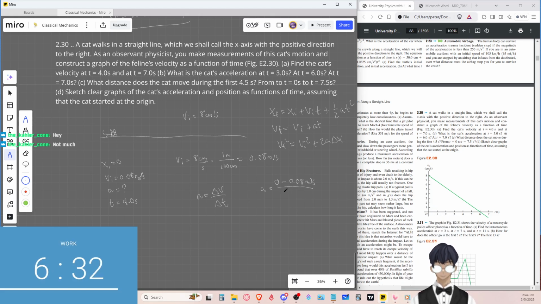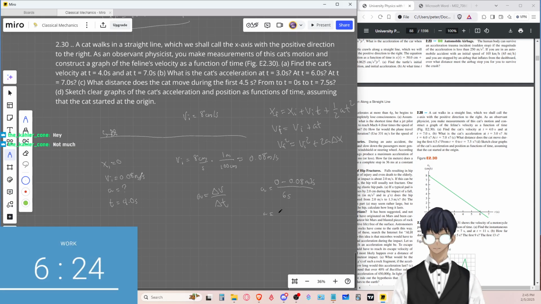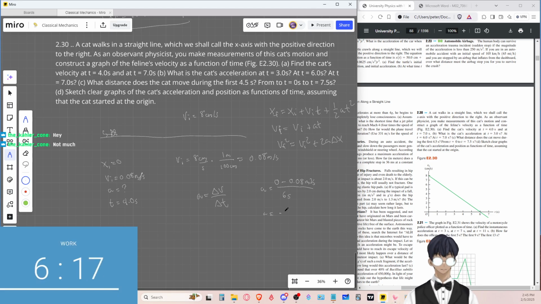So, from 0 to 6 seconds, so it's just 6 seconds. So the acceleration, divide that by 6 seconds. So the acceleration is negative 0.013 meters per second squared.